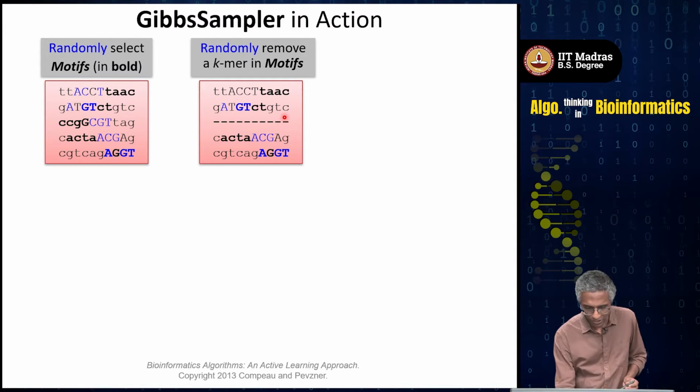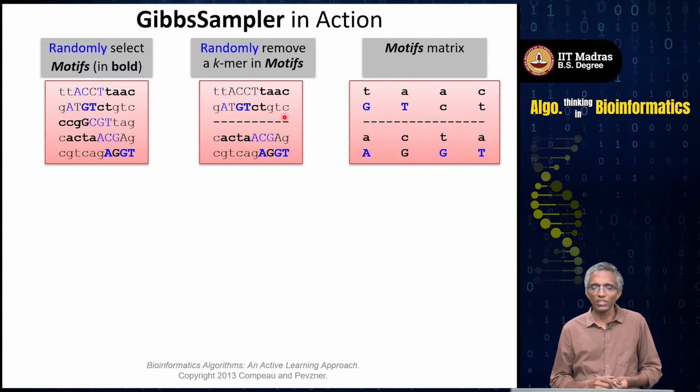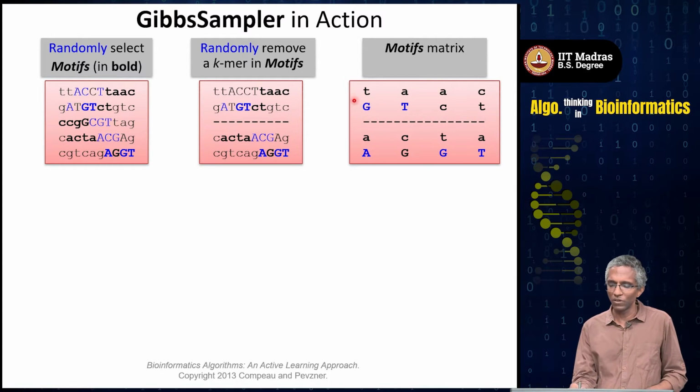And then you look at the motifs only in the other sequences. Your motif matrix will not have all the t strings, it will have t minus 1 strings now. So, the third one is blanked out, and now using the rest of the motifs, these bold ones: TAAC, GTCT, ACTA, and AGGT.